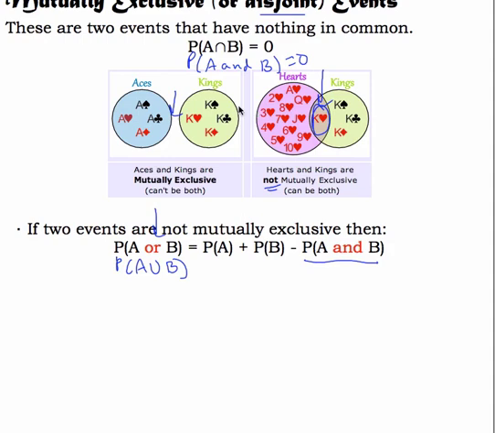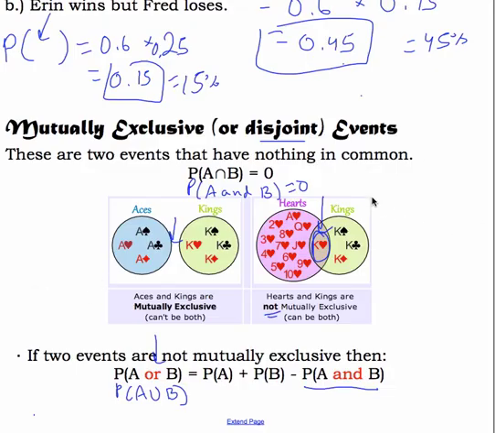Actually, maybe we'll do that right now. Okay, so in a pack of playing cards, we have like 52 cards, right? So maybe we'll look at the probability of getting an ace or getting a king if you randomly pick a card out of the deck.